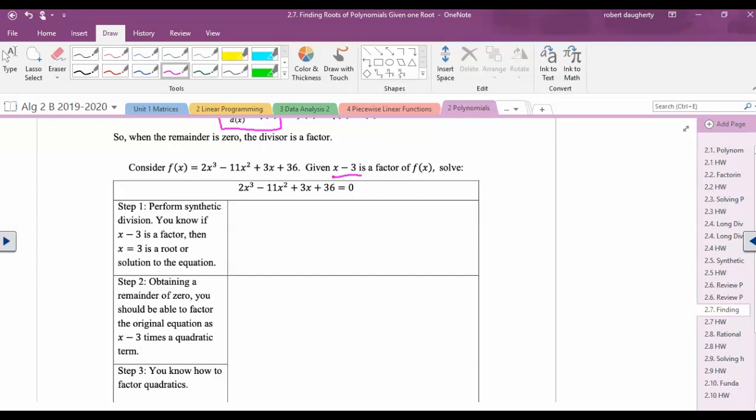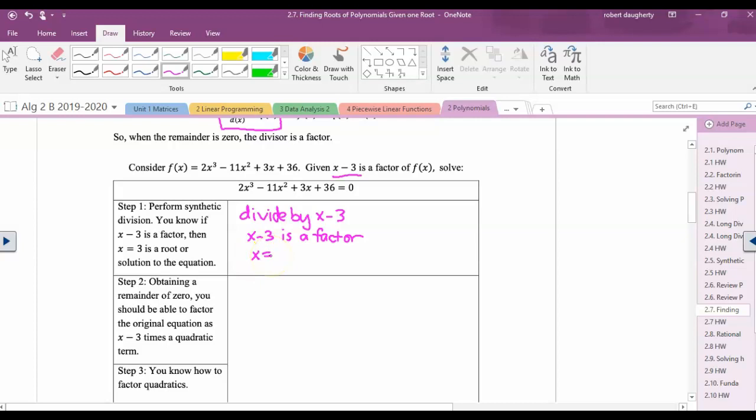Okay, so what we're going to do, if I divide by x minus 3, I need to be very comfortable with that. Tells me that x minus 3 is a factor. And if that's the factor, when you set it equal to 0, what is the solution?